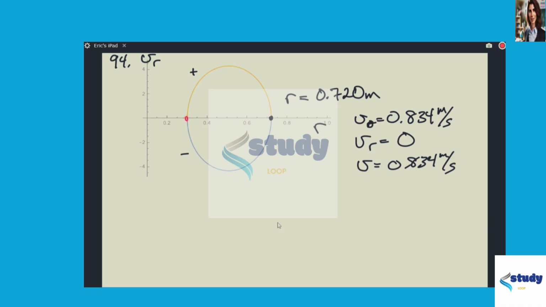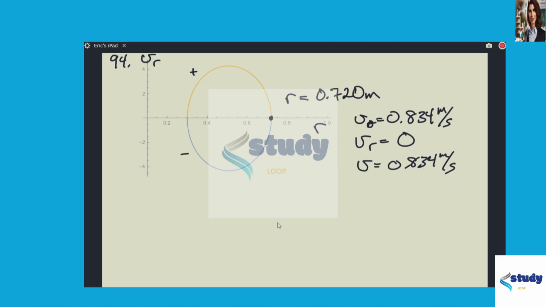And then we can see we come back here and we get plus or minus, obviously, because Vr is squared in the equations. And then we come back here and we get 0 here. And again, Vr is imaginary out in these regions, so we're never going to get to those places.